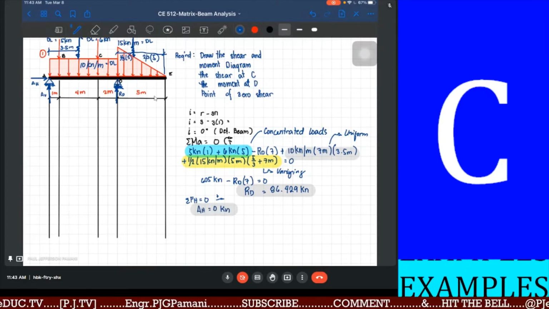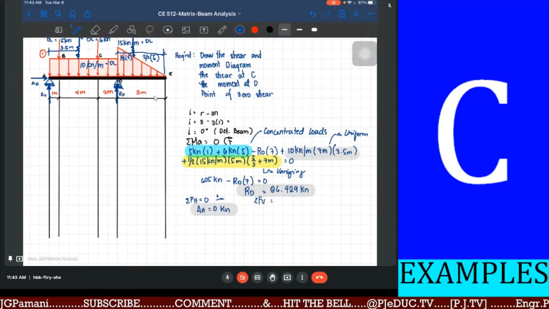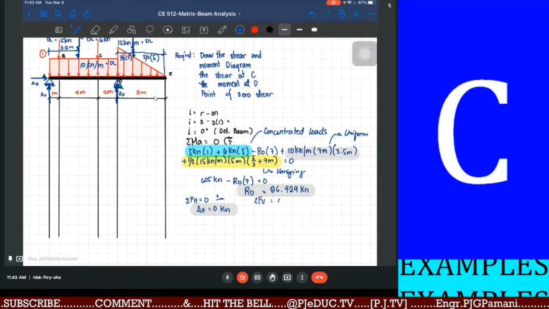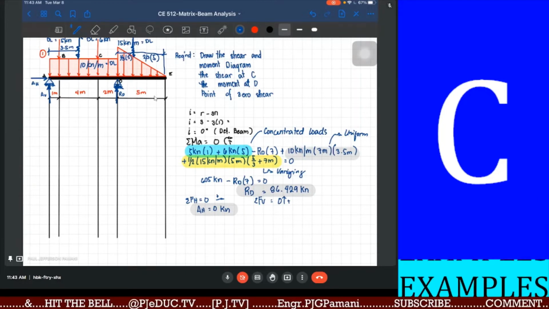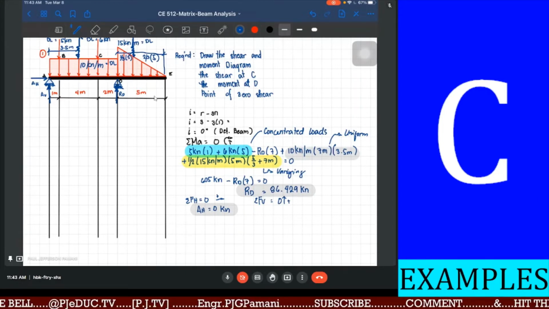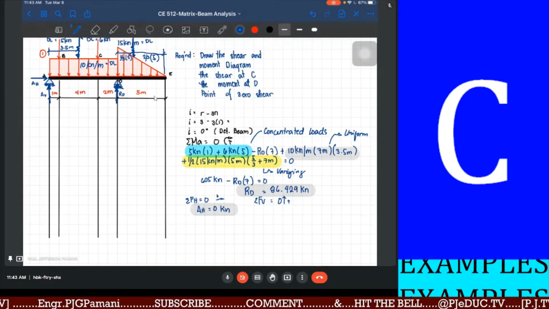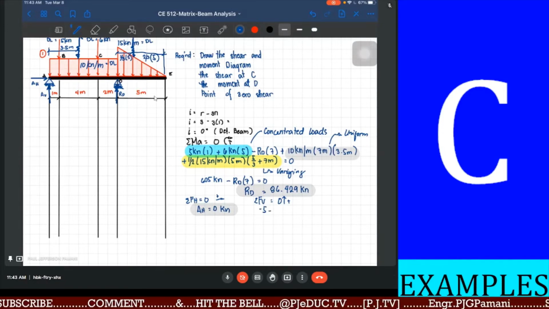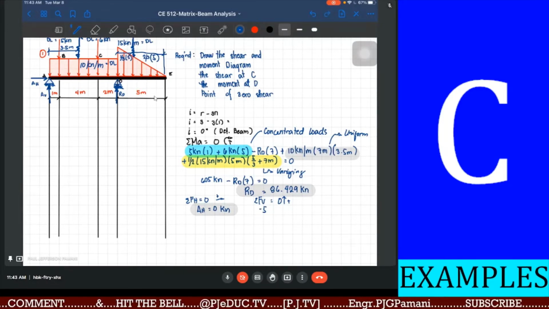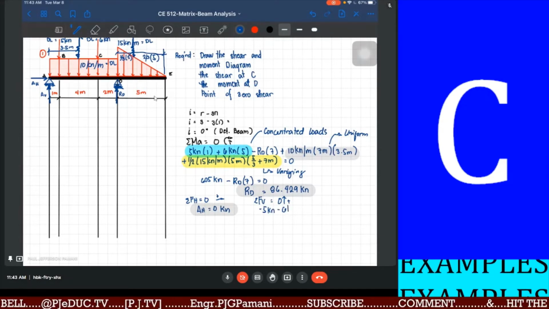And lastly, of course, by summation of forces vertical, or forces acting on the vertical axis, equal to 0, upward positive. What are the forces acting on the vertical axis? We have the concentrated load of 5 kilonewton downward, so minus. Then minus the another concentrated load, 6 kilonewton downward as well.